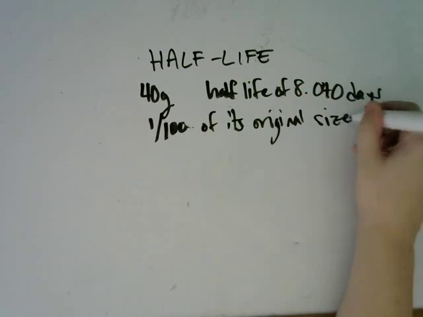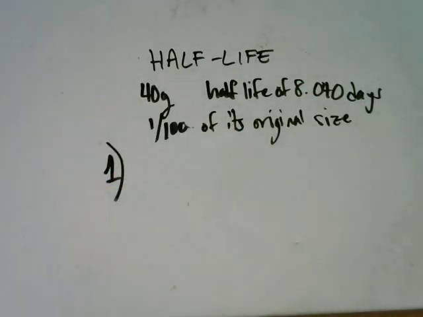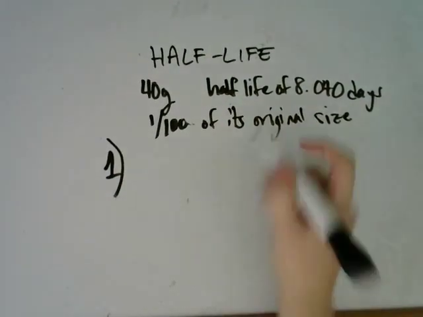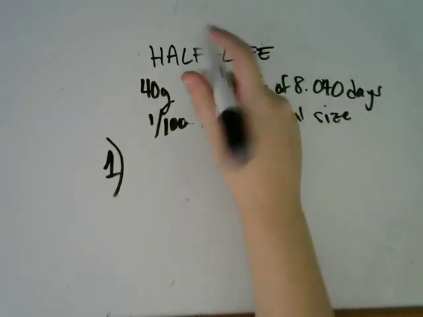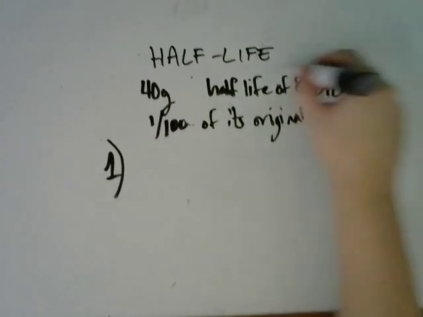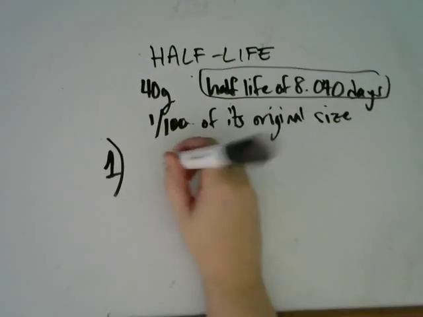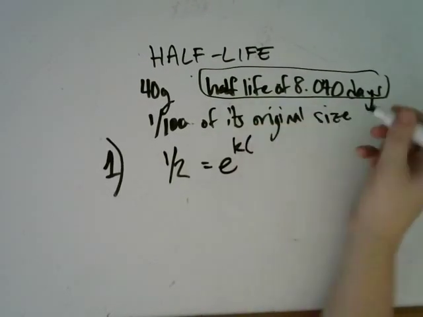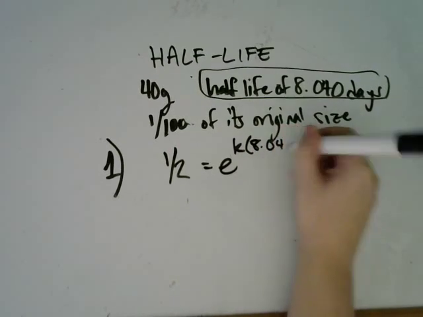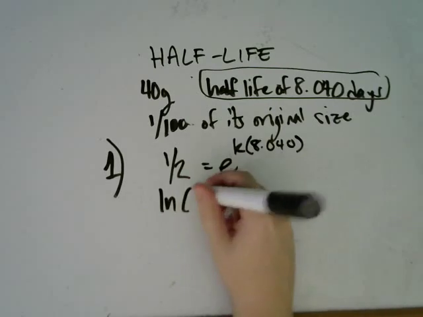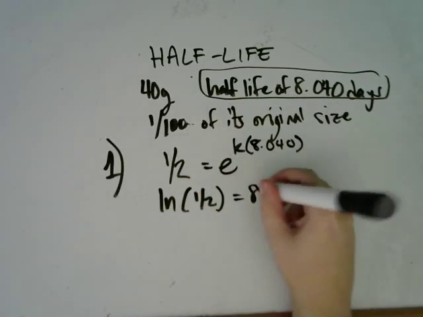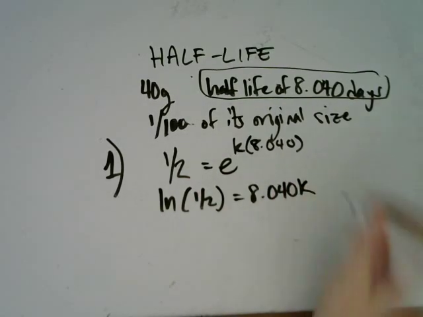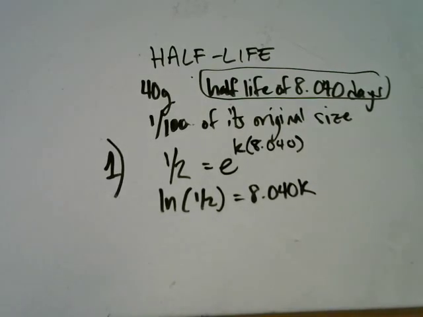So step 1 is to find the decay rate, and we use the half-life information to do this. 1/2 equals e to the k times 8.040 days. Use a natural log and divide by 8.040.